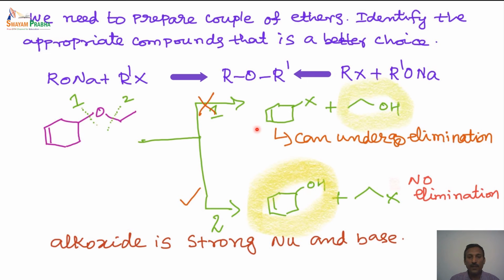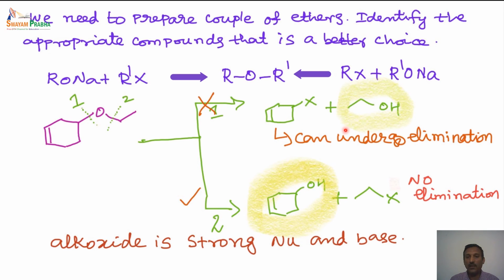So if we break from one, the oxygen will go with the other part. In this case, the alcohol unit is the ethanol unit and the halogen will be present in this particular unit. So we have a cyclohexyl halide present.